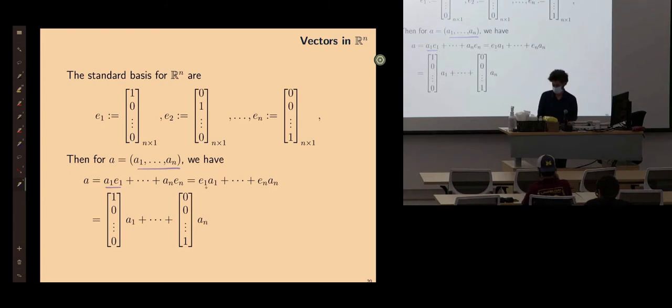I can switch the scalar and vector multiplication order. And I end up with, same as before, my standard basis times the magnitude, the entry of the vector in that direction. Now, instead of 2 or 3, I have n of them, n an arbitrary natural number.